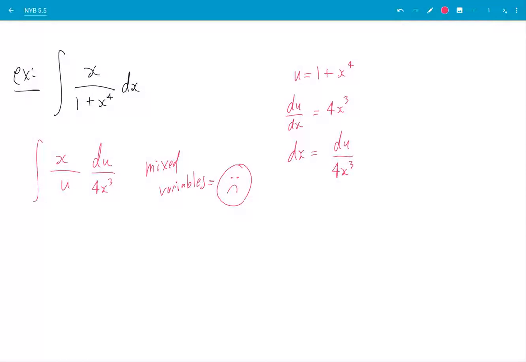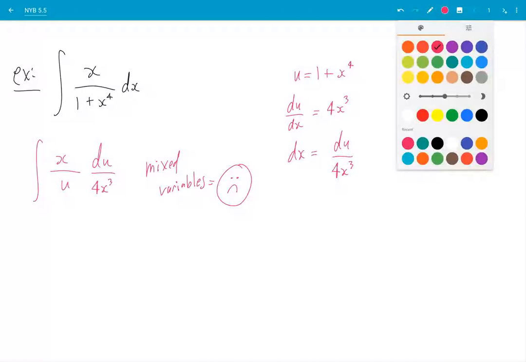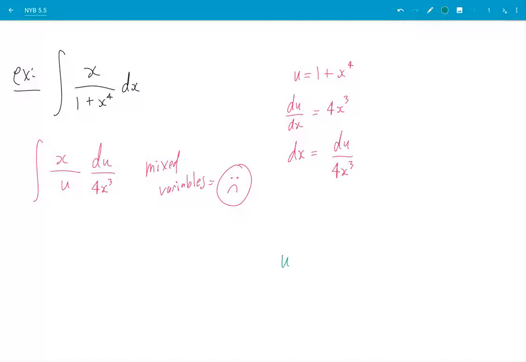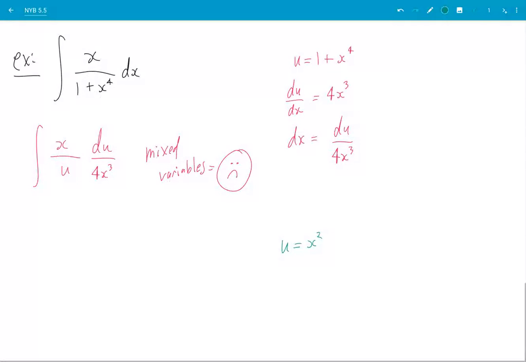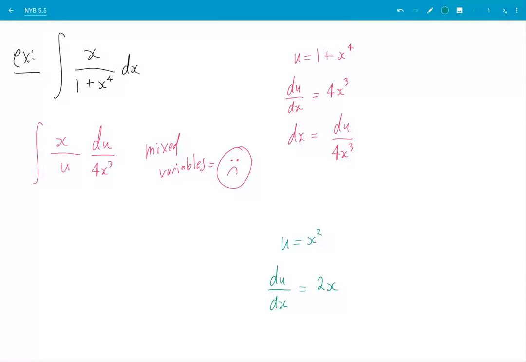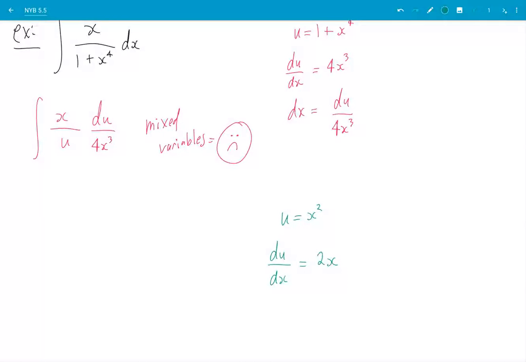And how can I make that happen? Well, I can make that happen if I go u is equal to x squared. Because now I'll have just 2x in the bottom. I'll get the cancellation I want.